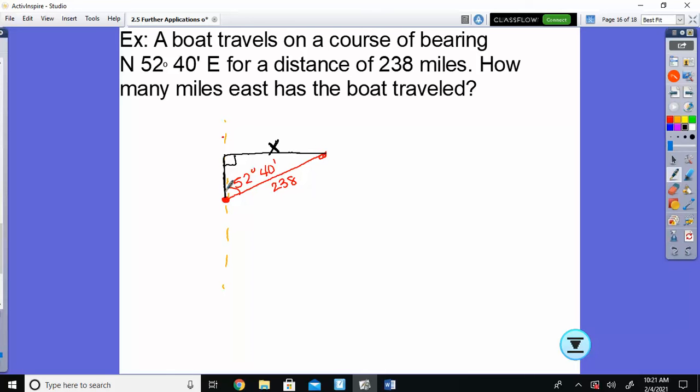So from my angle, x is opposite, 238 is hypotenuse. So we do sine of 52 degrees, 40 minutes equals x over 238. Multiply the 238.